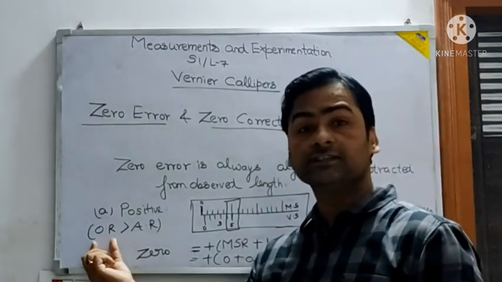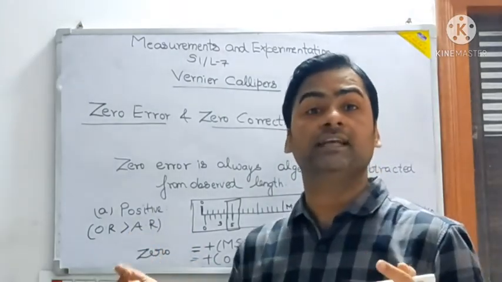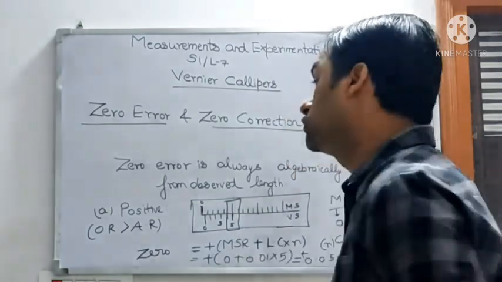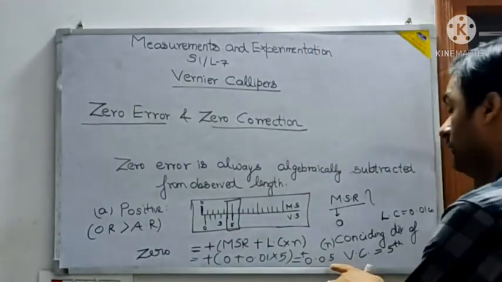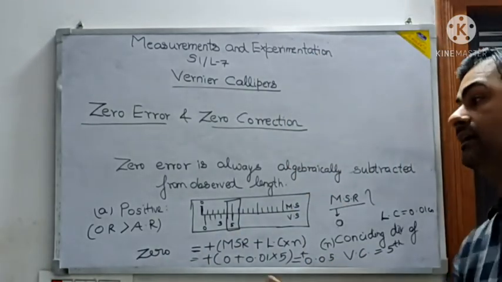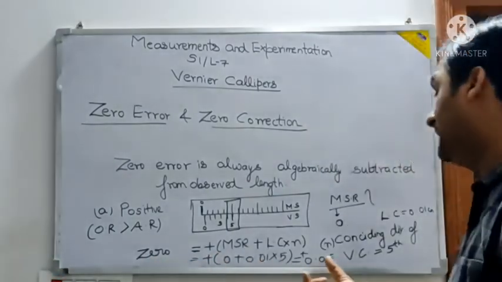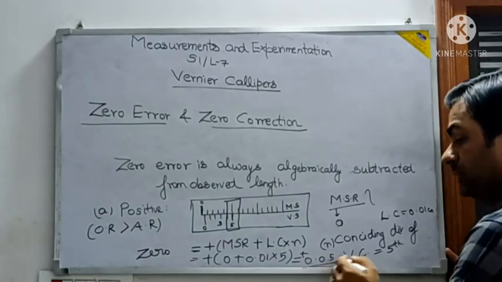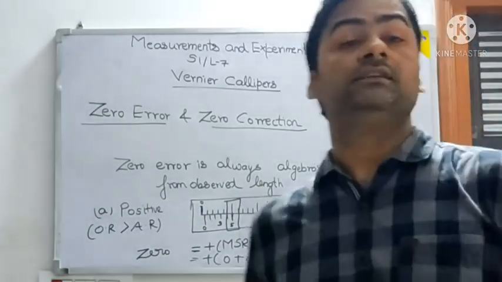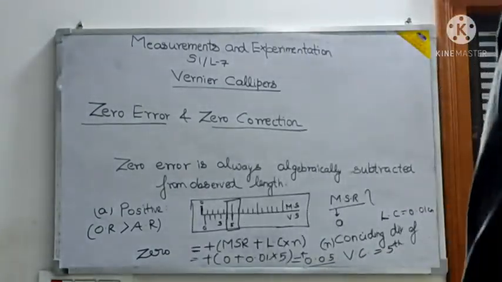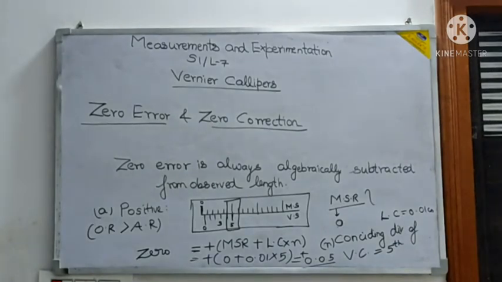So observed reading is more than the actual reading. So can we say that we have to subtract? Yes. So in the case of positive zero error, we will always subtract. Whatever value we have got for the diameter, from that we subtract 0.05. That means this is the zero error. I hope all have understood.